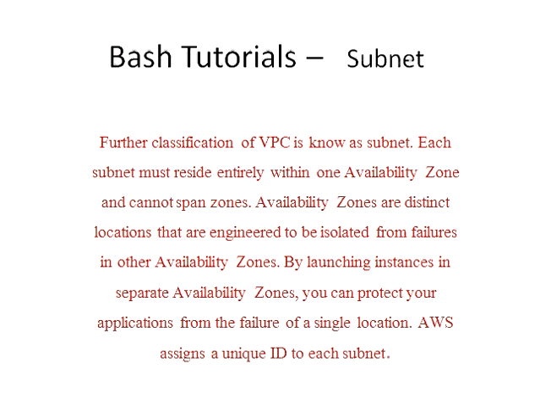Availability zones are distinct locations that are engineered to be isolated from failures in other availability zones. By launching instances in separate availability zones, you can protect your application from the failure of a single location. AWS assigns a unique ID to each subnet. So this is what AWS says.